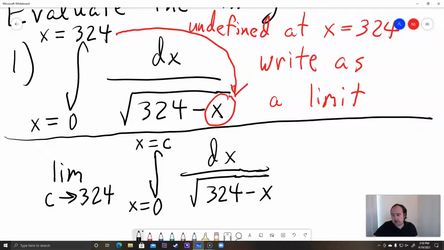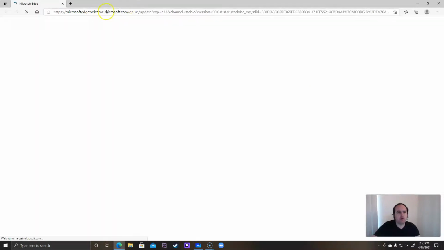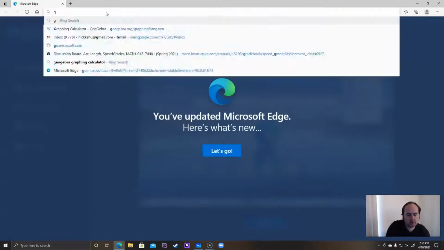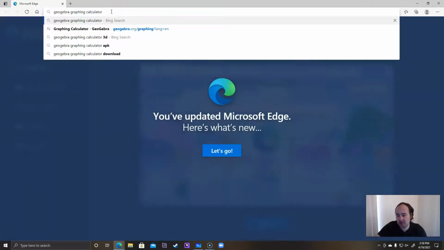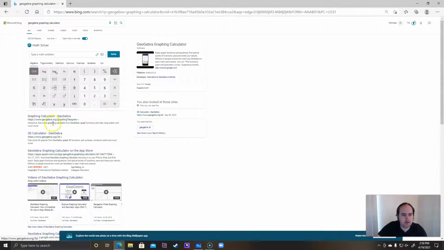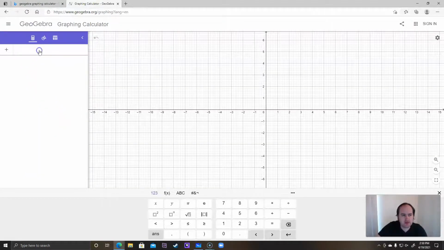The reason for that should be clear if you look at the graph. Now remember, if you don't have a graphing calculator, you can always go online to GeoGebra. Just open your browser, type GeoGebra graphing calculator into your search engine, and then you can type in your function.